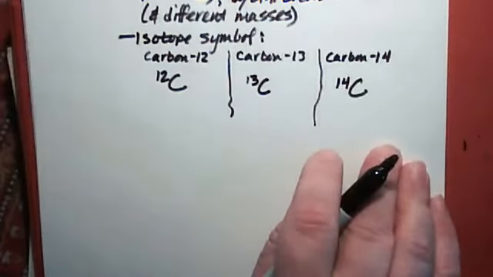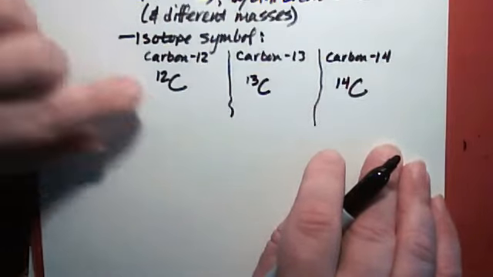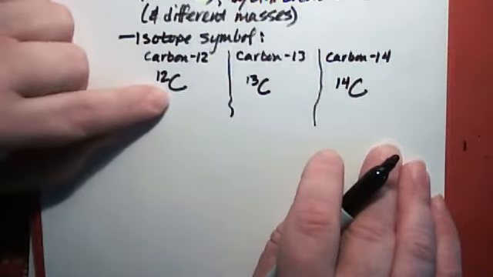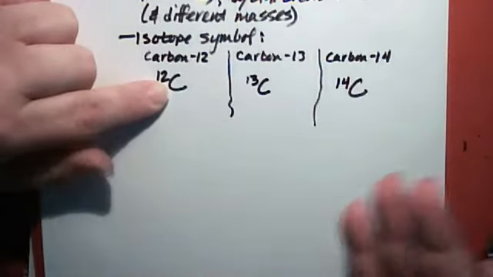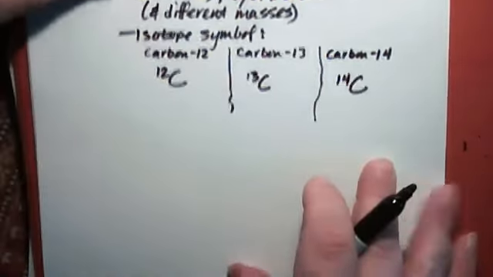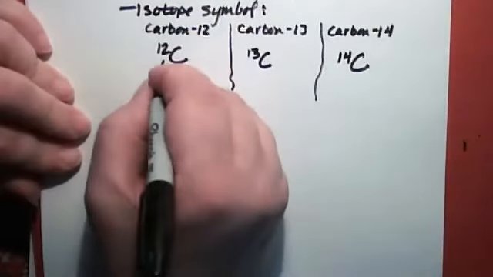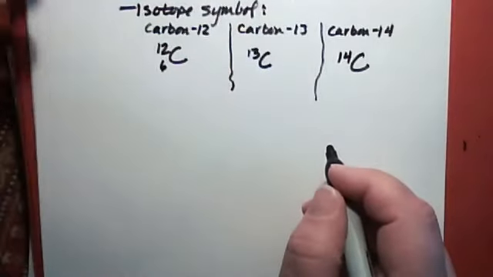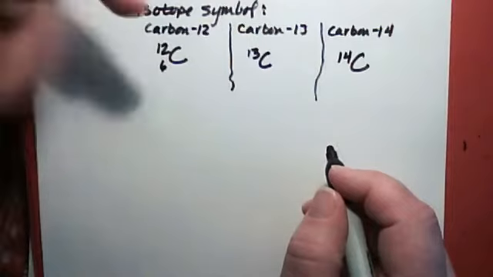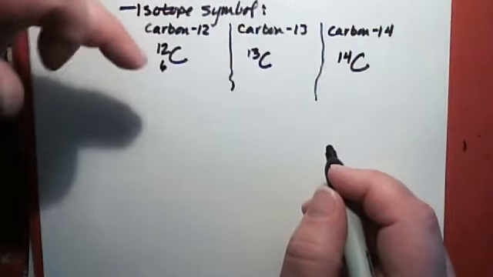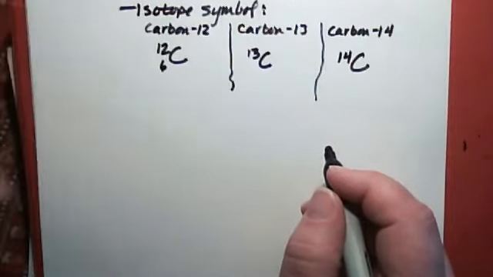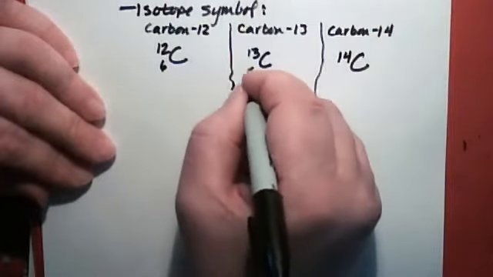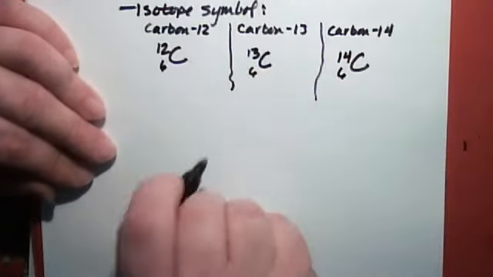You can also write in the atomic number in these symbols, but you don't actually have to, since the capital C itself indicates that you're dealing with carbon. So writing in the 6 for the atomic number is kind of redundant, really, because, again, carbon is number 6, atomic number 6 is carbon. So you don't really have to write that in, but I'm going to do it anyway, just to be complete.